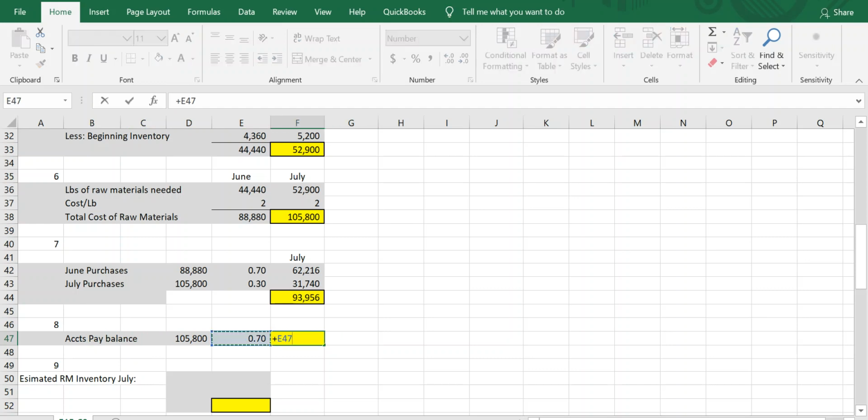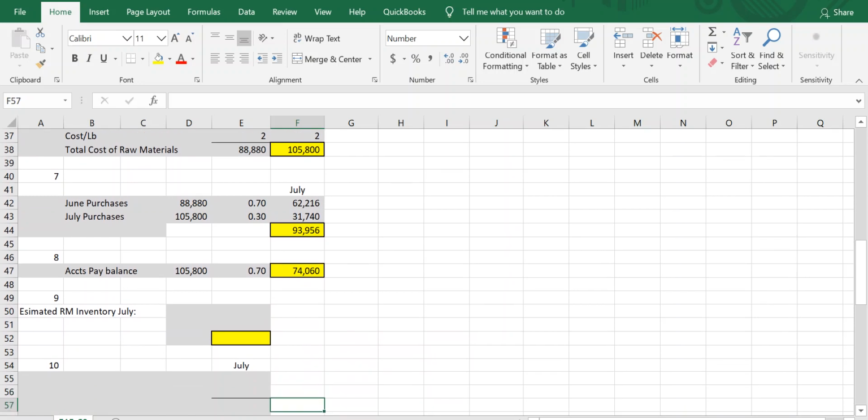So we take 0.7 times 105,800, we get 74,060. Okay, so that's our accounts payable balance in July. That's number 8. Let me add July here so we know what that is.